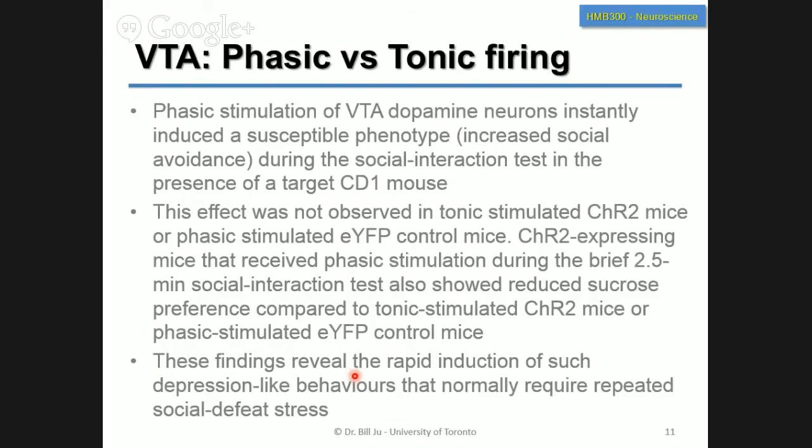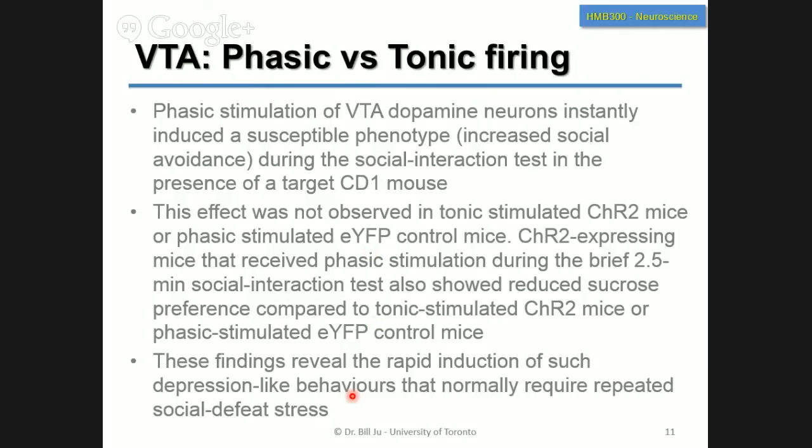So again, the really, really cool thing is that just by changing the firing rate, you don't have to take an animal through 10 days of this model. One day is enough to actually induce this. One bout of this phasic stimulation is enough to cause the same sort of phenotype that we looked at earlier on. We don't see this phenotype in tonic stimulated mice, where you have a consistent, constant rate of action potential firing, or in the EYFP mice.